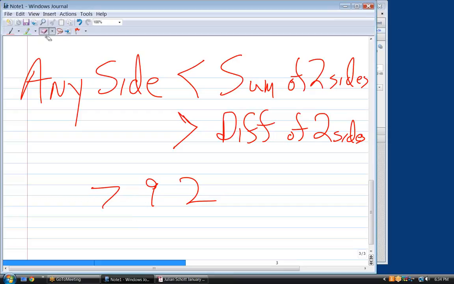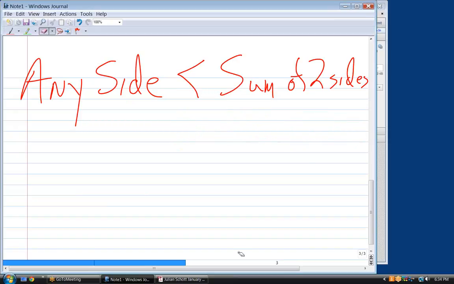Any triangle that you draw has to satisfy these two conditions, and the only one you really need to memorize is the first, because you can figure out the other half of it. That's the secret to memorizing stuff in math: memorize as little as possible.